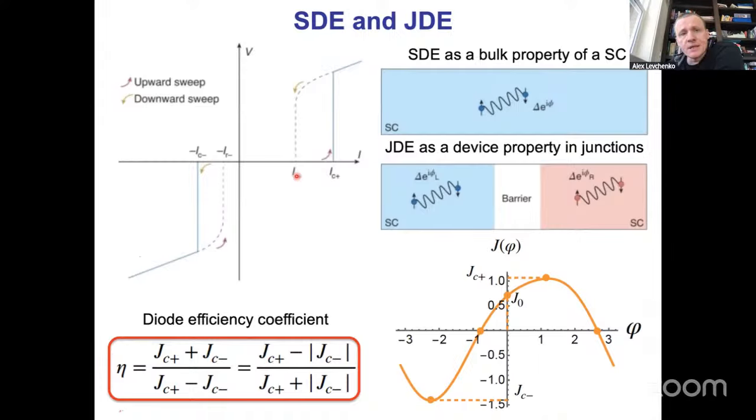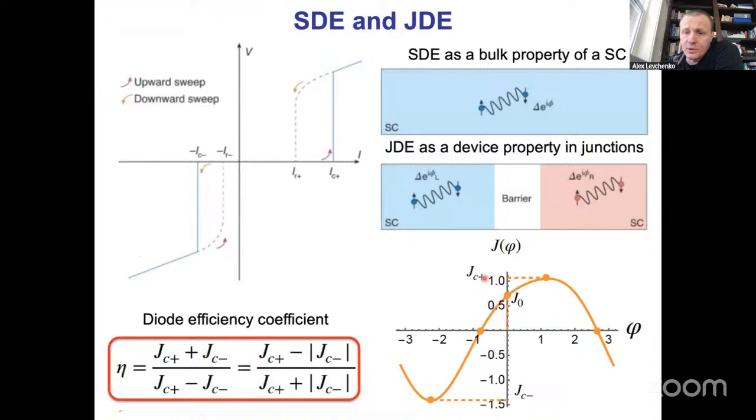Okay, so this I will call a superconducting diode effect, meaning the effect that occurs in the bulk of a superconductor. A similar phenomenon can occur in the Josephson junction. This is manifested by the asymmetry in the maximal critical current of a Josephson junction in different bias directions.